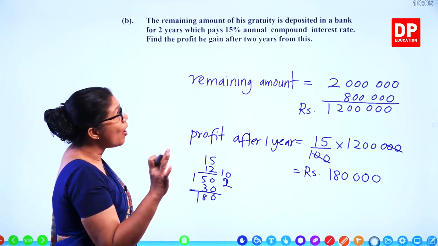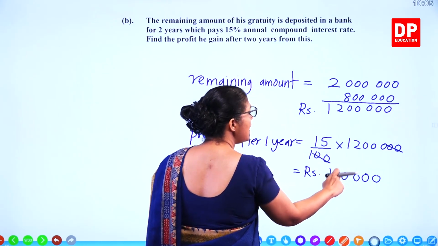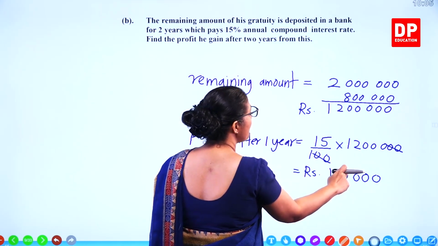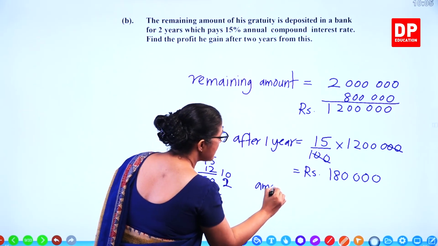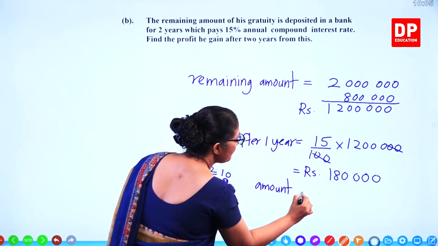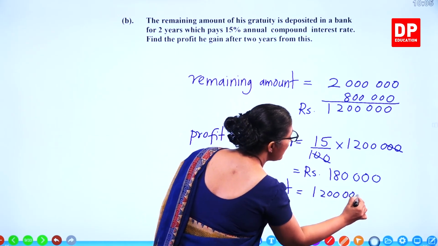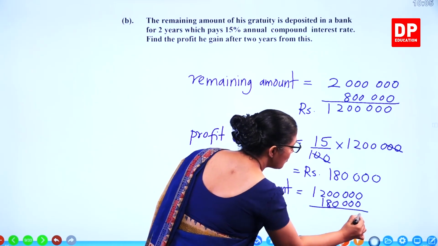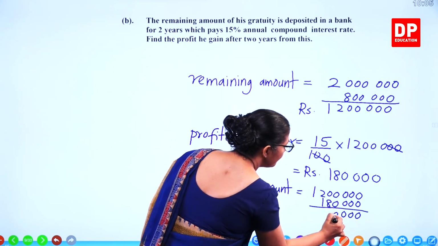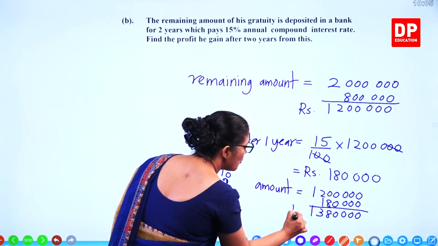So this is compound interest. So what's the amount after the first year? We need to add these two. So amount after first year, 1,200,000 rupees plus 180,000 rupees. You get 1,380,000 rupees.